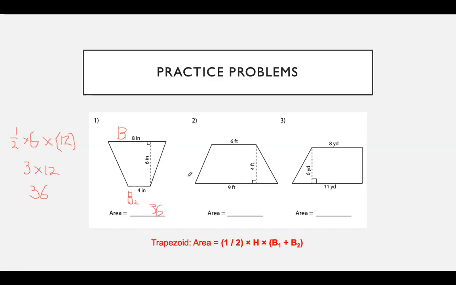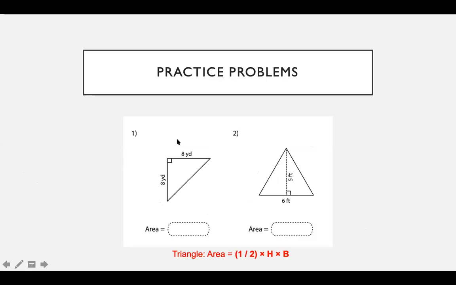So same deal for these two as well. You guys can go ahead and solve those on your own just for some extra practice. Now we're going to move on to solving for the area of triangles. So earlier I mentioned that to find the area of a triangle, you take 1/2 times the height times the base.